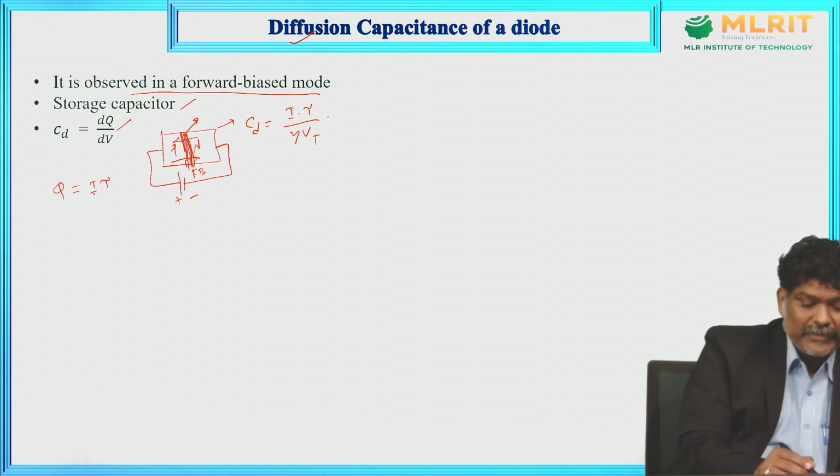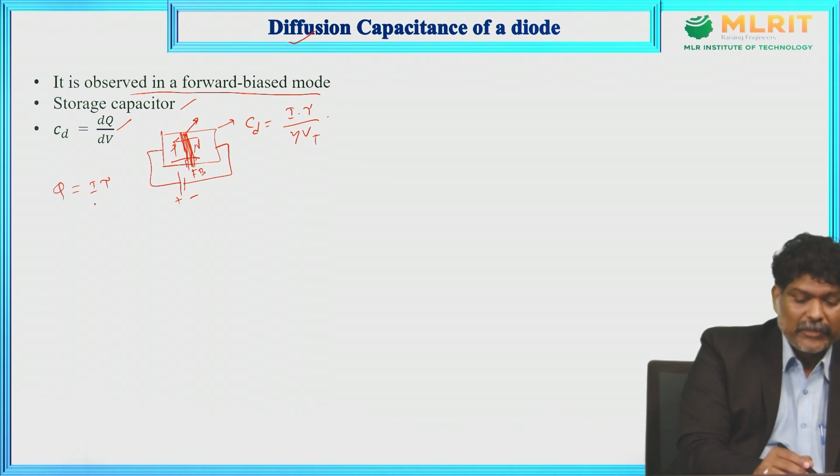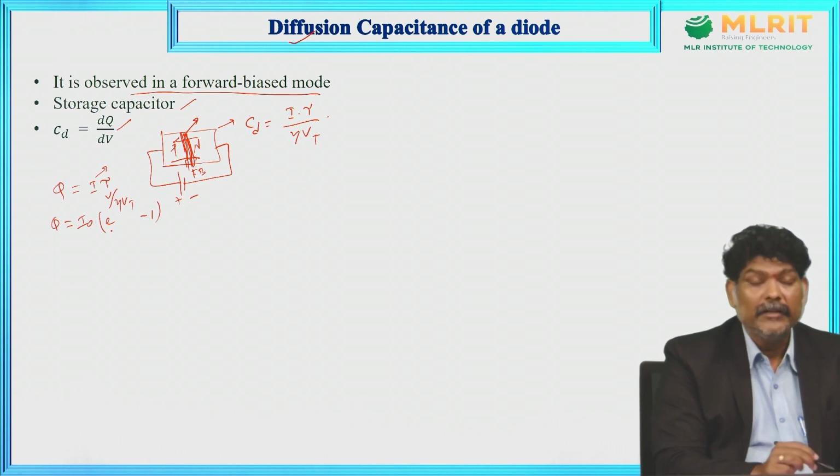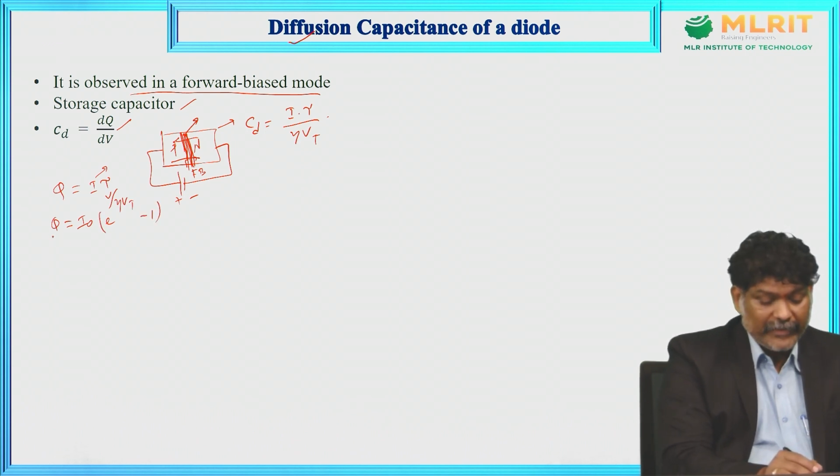What is I? I is the actual current flowing through the diode. So let us write the current expression, that is I naught into e power V by eta Vt minus 1. Now let us differentiate this Q with respect to the applied voltage V.